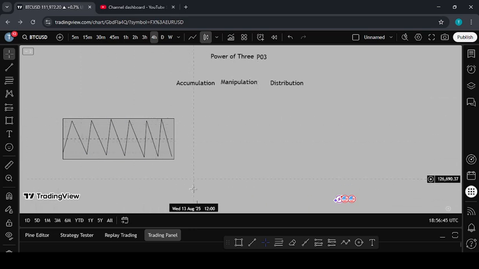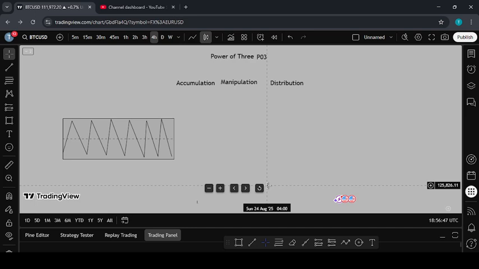How do you know the correct market direction? Wherever the market breaks out first, you want to catch the opposite.